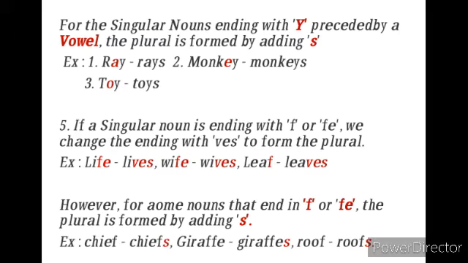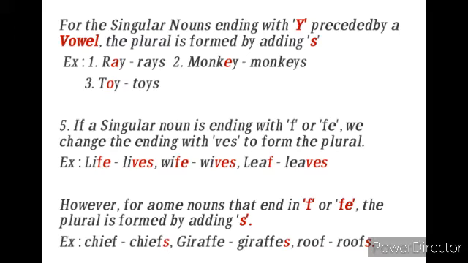Now let's come to point number 5. If a singular noun is ending with F or FE, we change the ending to VES to form the plural. Like life, the word is ending with FE. We have simply dropped FE and added VES to make it plural. In the case of wife, again it's ending with FE.